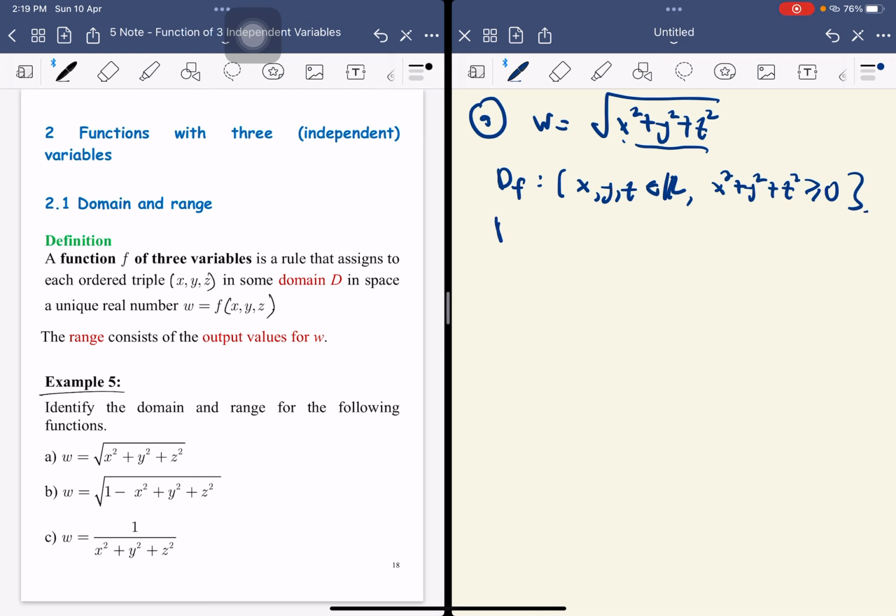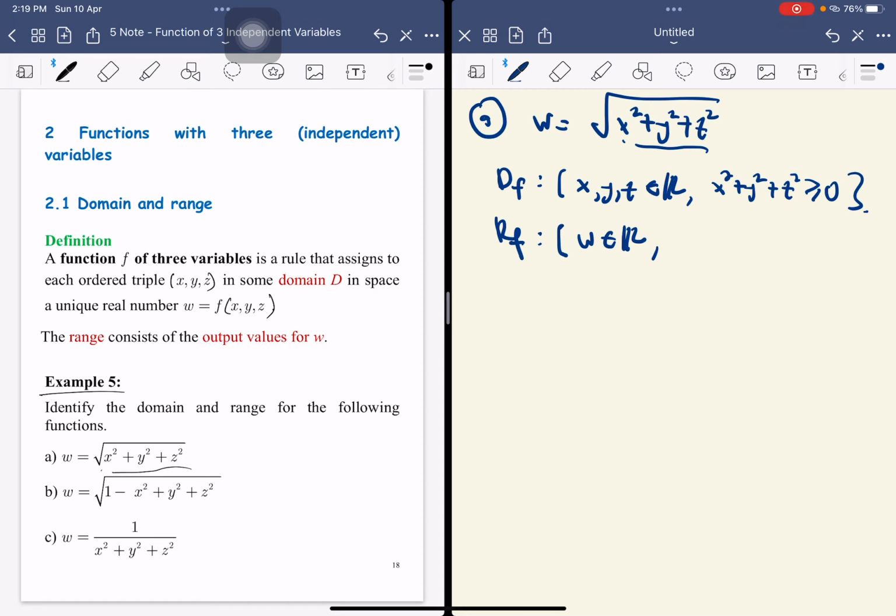So what about the range? The range is for the output values of w, so w belongs to the real numbers. Do we have any restriction for the range here?